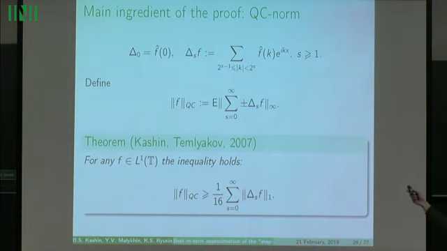I consider the following quantity: the expectation over all possible choices of random signs before these dyadic blocks. And we have for any function from L1 on the one-dimensional torus, or circle, that this QC norm is bounded from below by the sum of L1 norms of the summands. And it's a very, very powerful inequality.